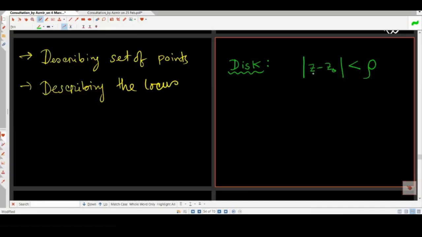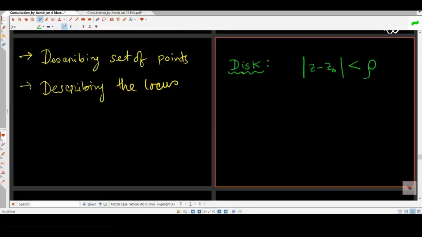So this is called a disk because it will give us a circular graph. So that's why it is called a disk, because it is looking like a disk. I'm writing rho here because already R is known as the modulus. So just to have another notation, I'm writing rho so that you do not get confused with rho and R. So rho is a separate thing, that is the radius.